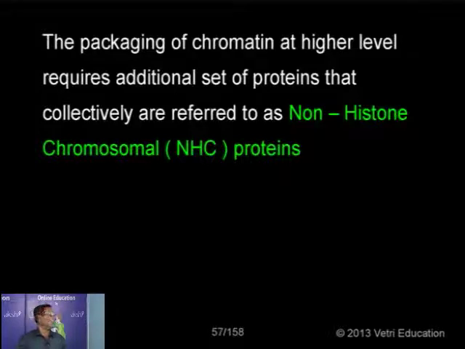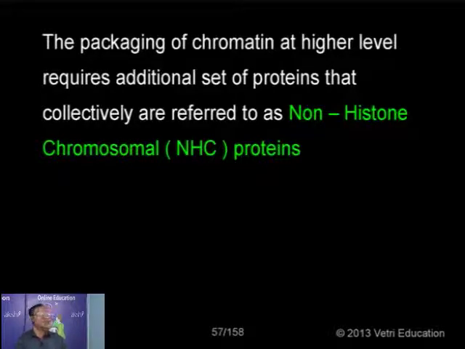But at a higher level of organization, the packaging of chromatin requires another set of proteins, some special set of proteins. These proteins are also responsible for packaging of chromatin to form the chromatin fibers, later formed into chromosomes. That is at the higher level.